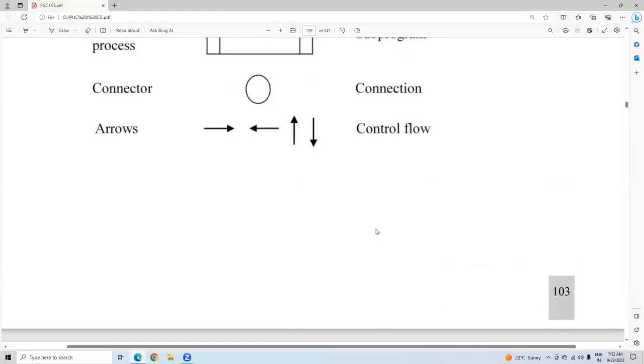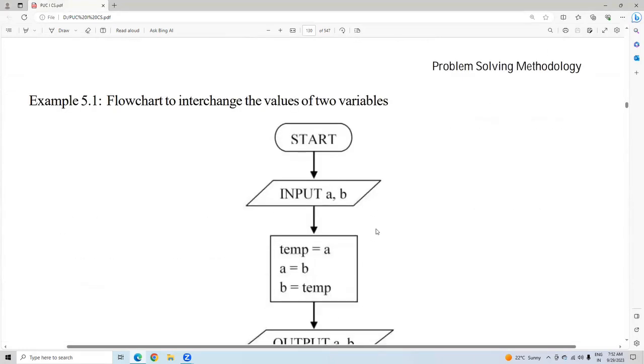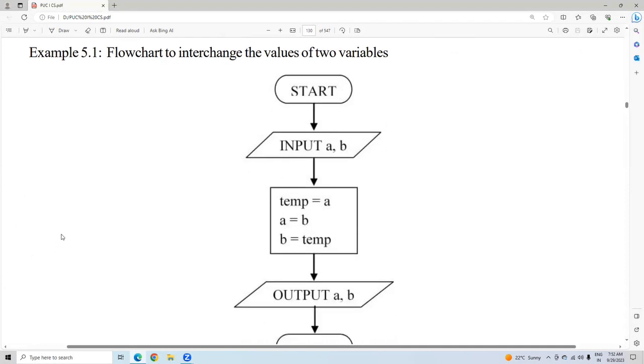Now we are going to go through more than one example of how to draw a flowchart for different problems. See, flowchart to interchange the values of 2 variables. First of all, as I said already, you must know the manual process of interchanging the 2 variables.